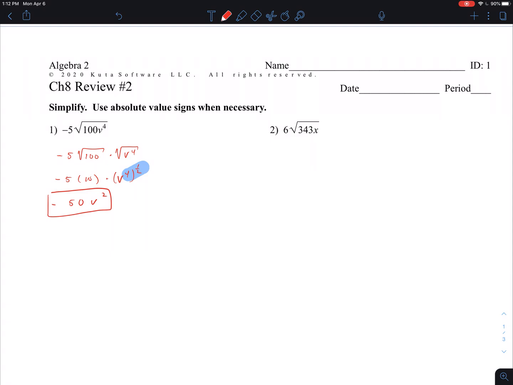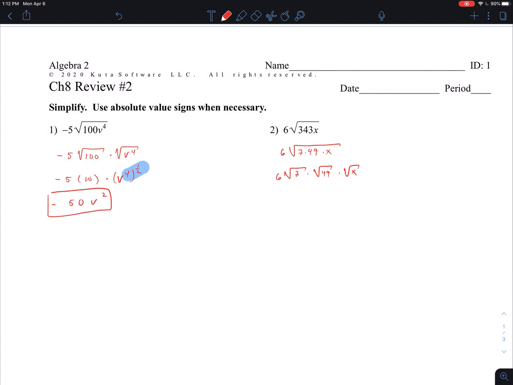Okay, number 2, let's say this is 6 times, well, 343, that goes in 7 times 49 times x. So now we can break it down. So this will be 6 times the square root of 7 times the square root of 49 times the square root of x.